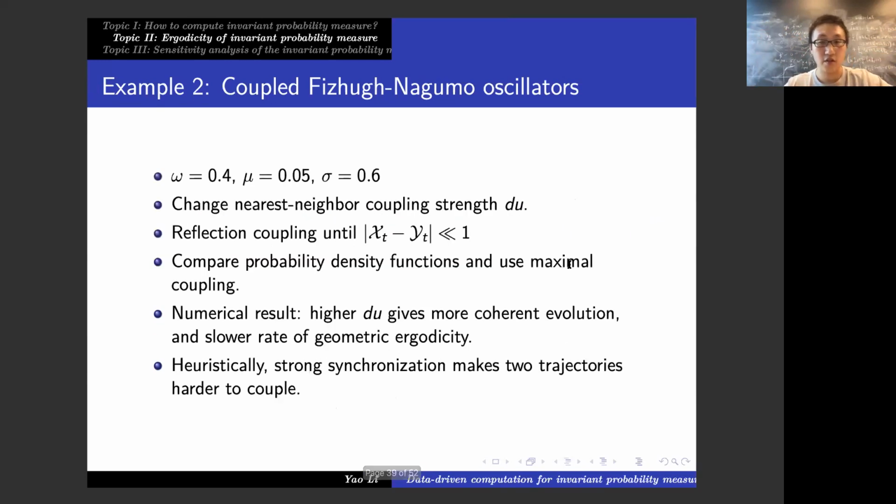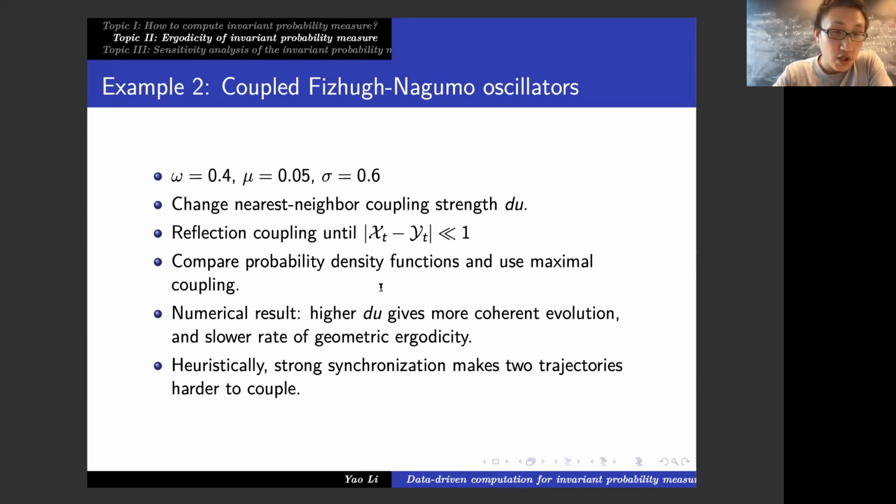We run the reflection coupling until they are close enough, and then we compare their density functions. We found that you actually enjoy a really fast speed of coupling, which means the speed of convergence to the steady state is fast.